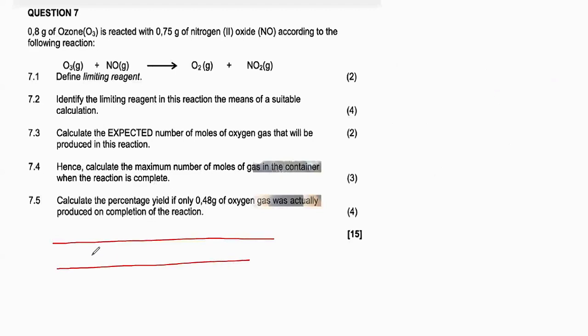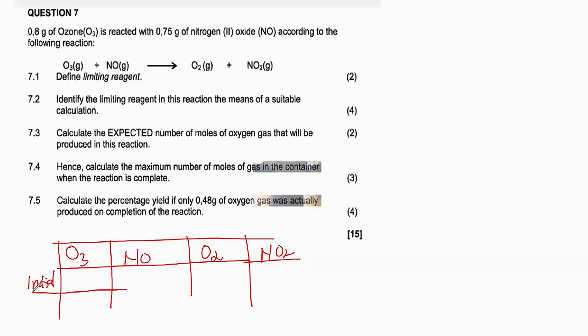So we have O3 here, and then we have nitrogen oxide, and then we have O2, and then we have NO2. Now I want you to note this. So this is what we had initially, and right here, this is what we will have finally when the reaction is complete, right?